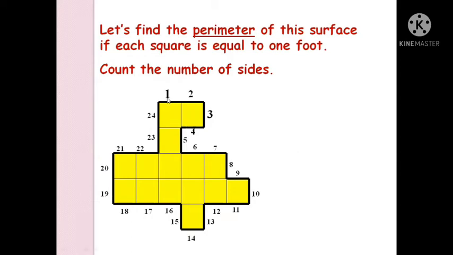Each and every outer length should be added to find the perimeter of the shape. When we add, it is 24. So what is the perimeter of this given shape? It is 24 feet.